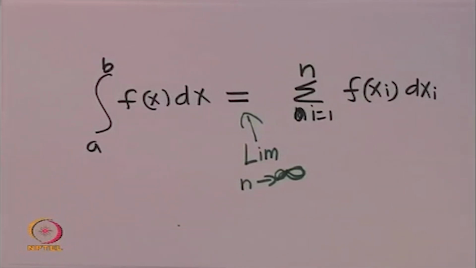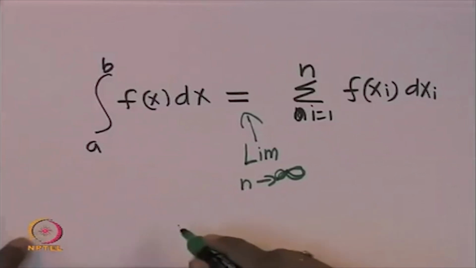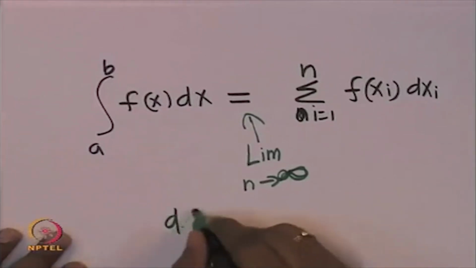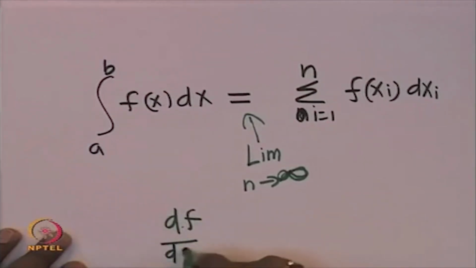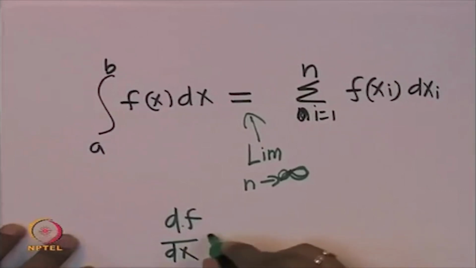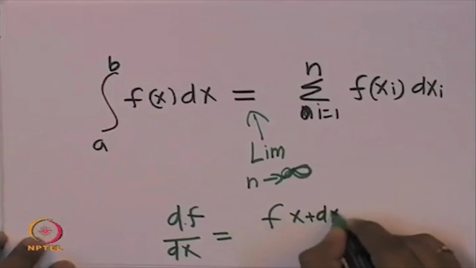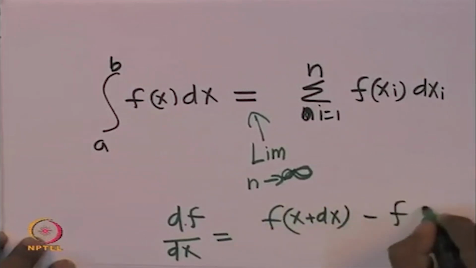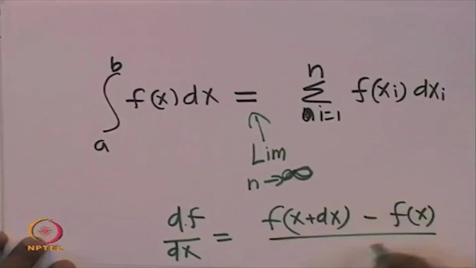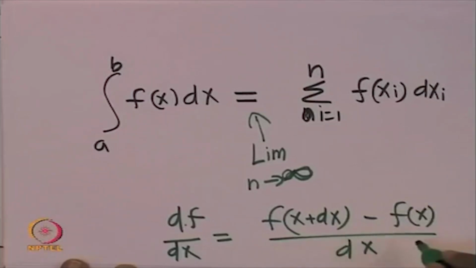The correct thing to do, just like in calculus, where we said that df by dx is f of x plus dx minus f of x divided by dx, this is equal in the limit dx, or delta x, tending to 0.